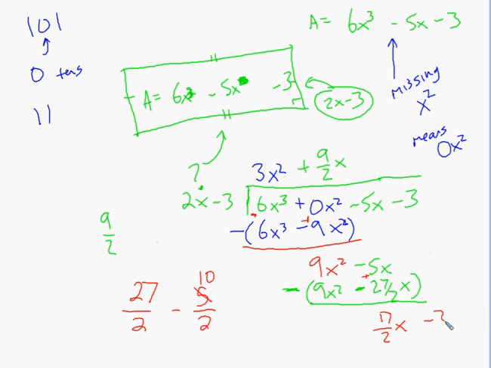And then we bring down the minus 3. So what do I multiply this by? Well, I need a 17/2 here. 17 over 2. So 2 times something has to equal 17/2, right?